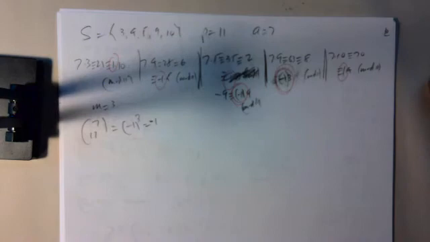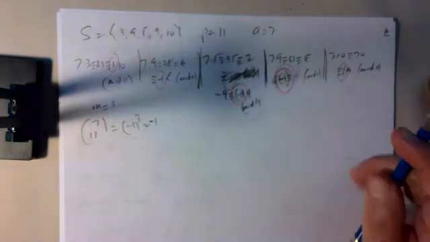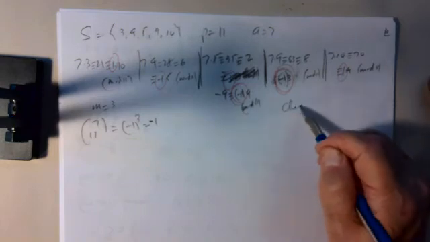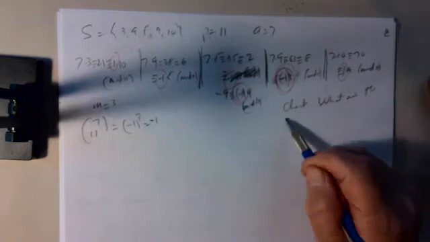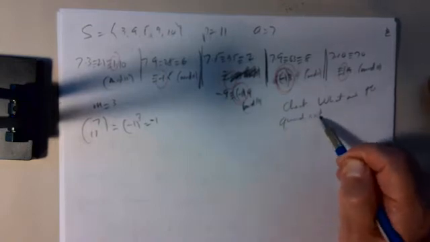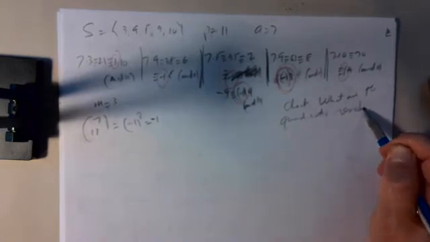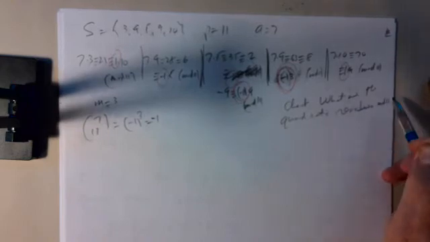So 7 is not a quadratic residue mod 11. And just to double check, what are the quadratic residues mod 11?